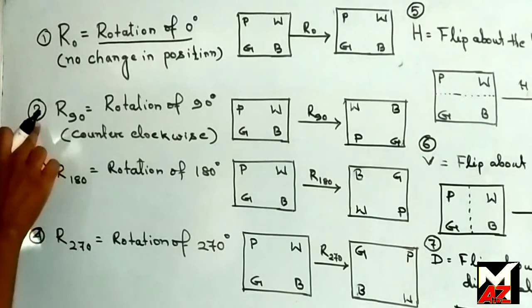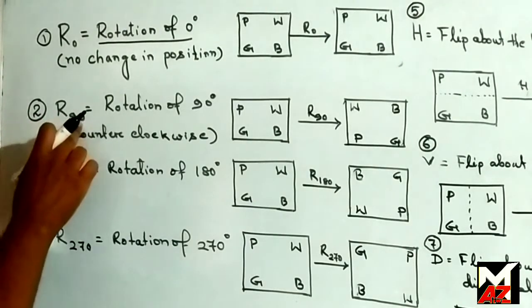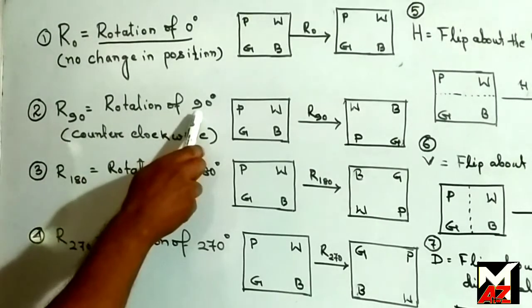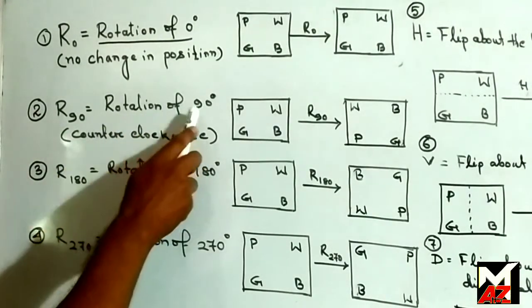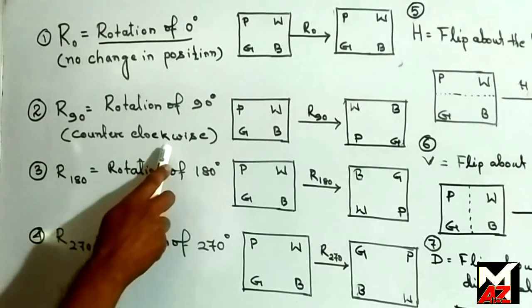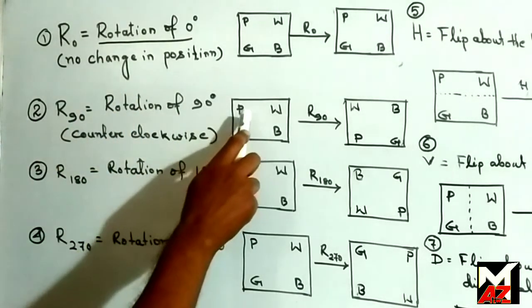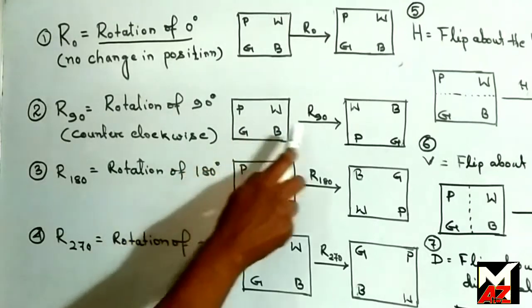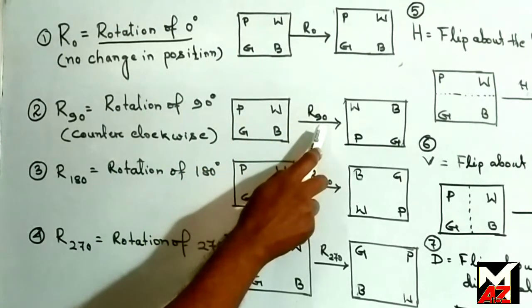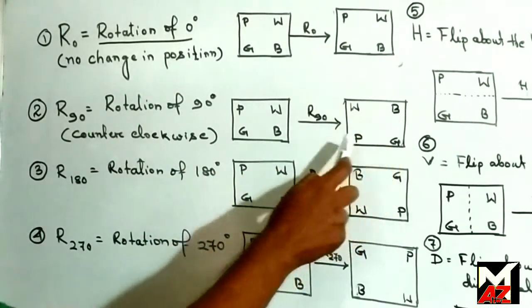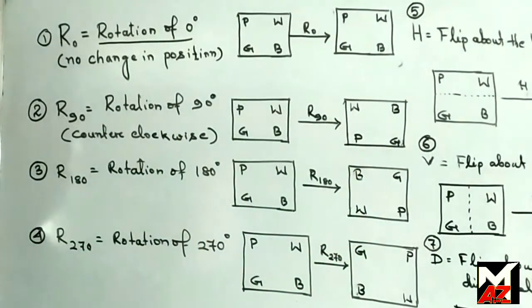Now R90, that is the rotation of 90 degrees counterclockwise, that is anti-clockwise. PWBG becomes WBGP.